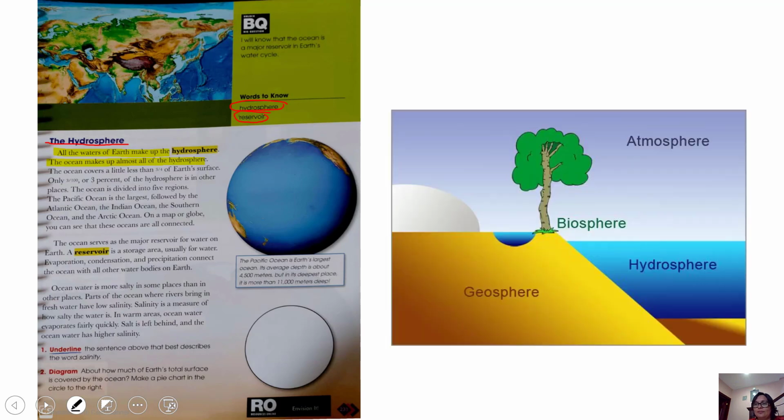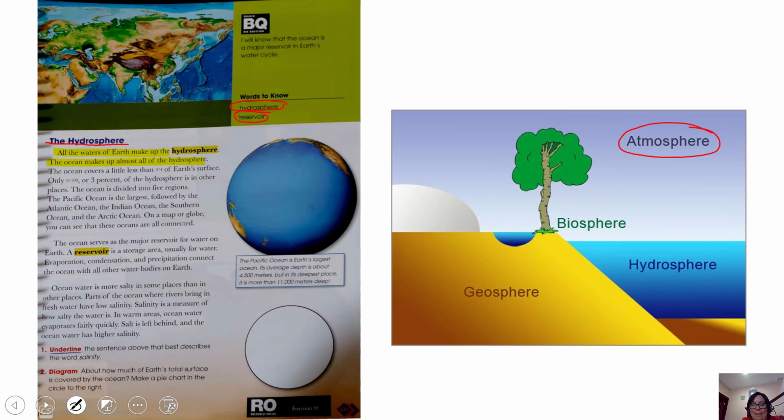So I want you to see here a picture that I have for you, and we have many spheres on Earth. We have, for example, the atmosphere. That is the layer that covers our planet, and the atmosphere protects the planet from the direct rays of the sun.